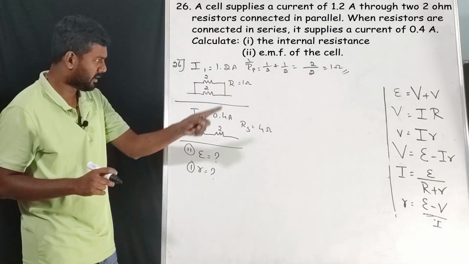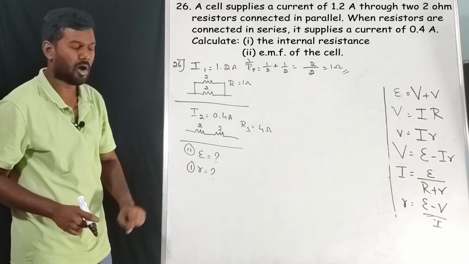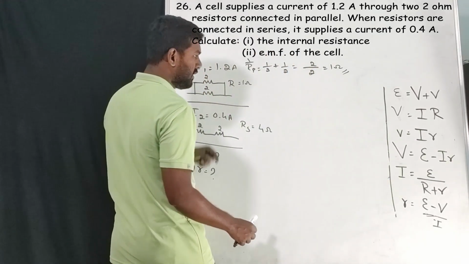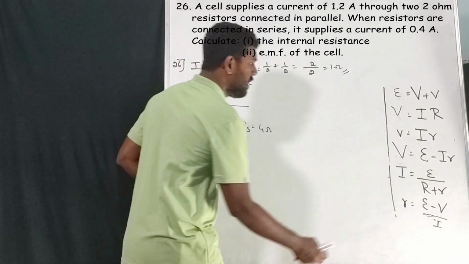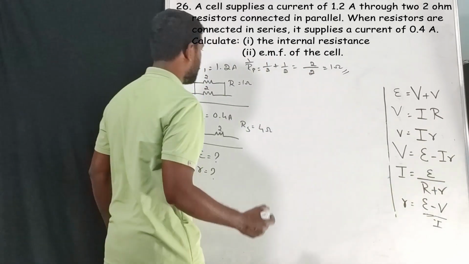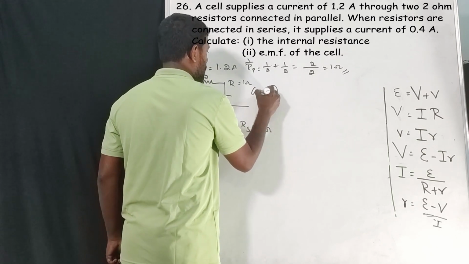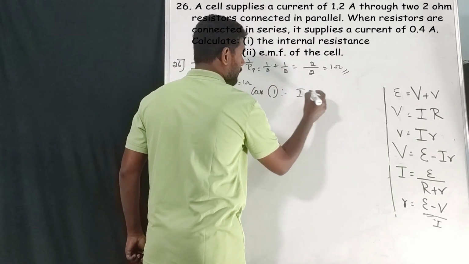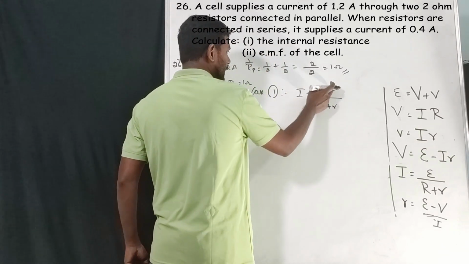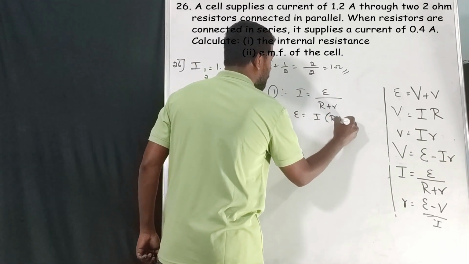Which formula has I, E, r and capital R, all these terms in one formula? See this formula, we have I, current, we have EMF, that is what we have to find, we have capital R, and we have to find internal resistance r. So we are going to use this formula. In case 1, I is equal to E by R plus r, but since we are finding E, E is equal to I into R plus r.